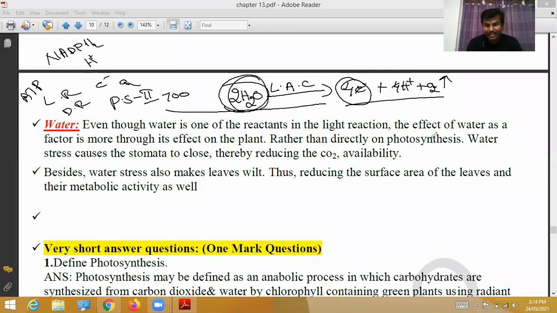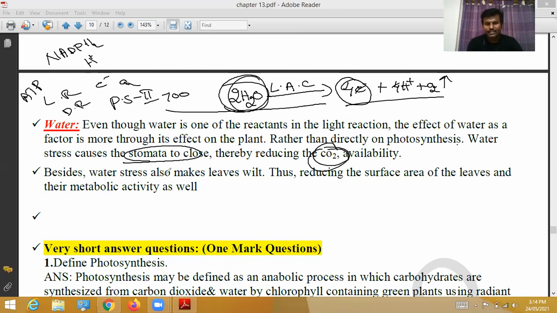Rather than directly on photosynthesis, water stress causes stomatal closure, thereby reducing carbon dioxide availability. Okay, so when water stress occurs and water content is less, the stomata automatically close, thereby reducing carbon dioxide availability.